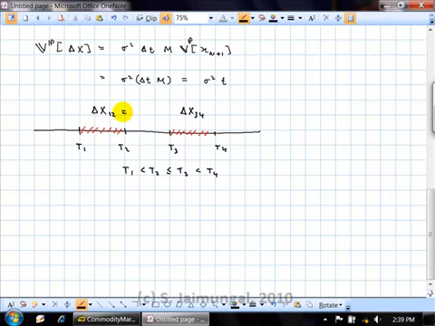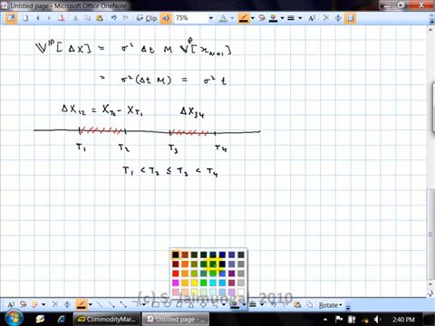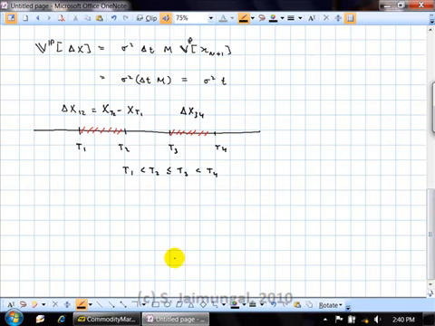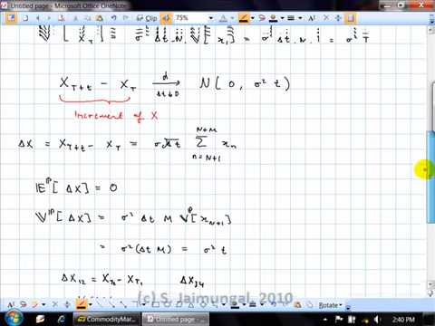Just to be explicit, why don't I write out one of them? So that's x at t2 minus x at t1. Okay, and similarly the other. So I'm looking at that increment. What can you say about the joint distribution of delta x12 and delta x34? So individually, delta x12, we already have the answer, right?